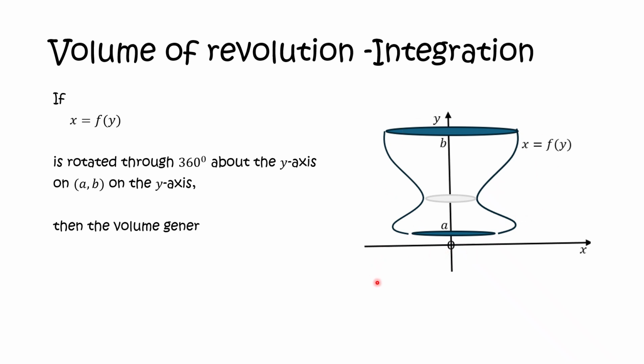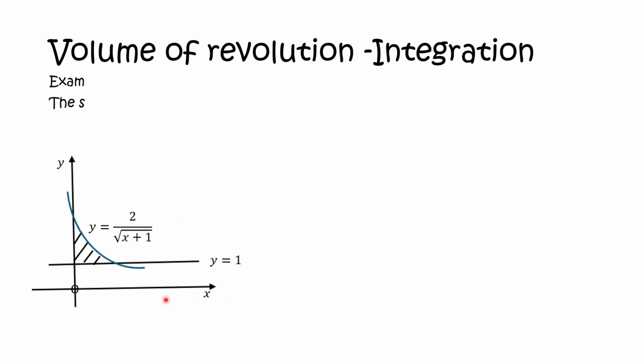The volume generated is given by Vy is equal to pi times the integral from a to b of x squared dy. Take note of the change that happens and the difference between the first equation we looked at and this one over here. Let's take a look at example 2.